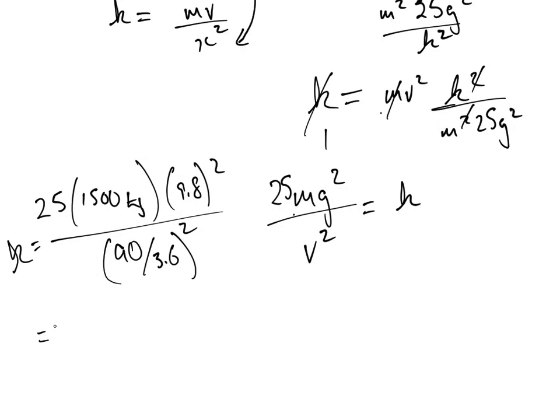If you work that out on the calculator, we're getting an answer of 5,762 newtons per meter. And that's the answer for k. Hope you enjoyed this problem. It was a tricky one. See ya.